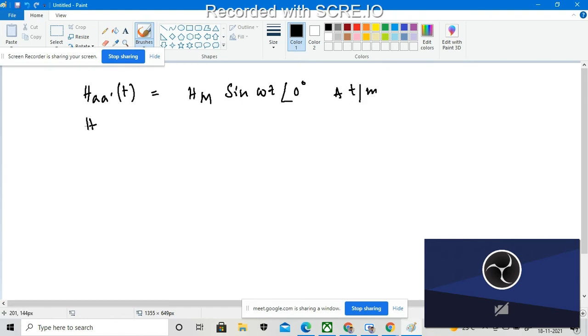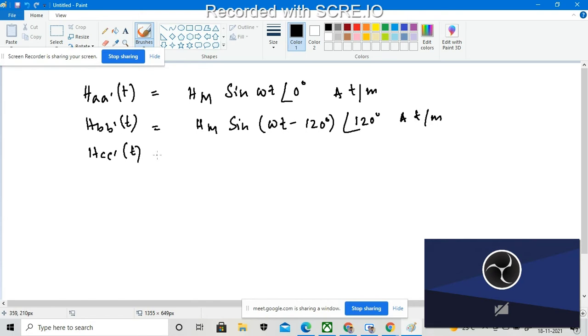Okay, H of B dash t is equal to Hm sine of omega t minus 120 degree, at an angle 120 degree apart. That will be the ampere turns per meter. H of C dash t is equal to Hm sine of omega t minus 240 degree electrical apart, ampere turns per meter.